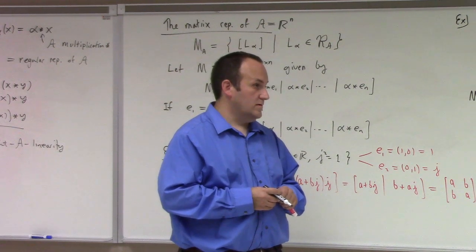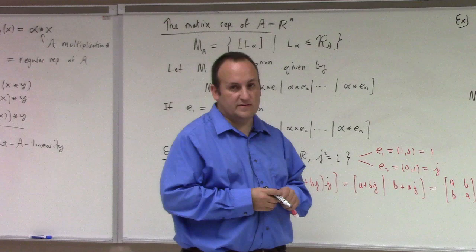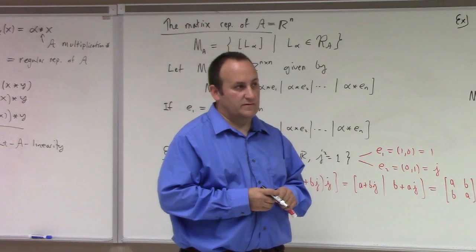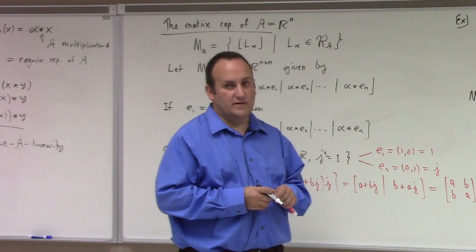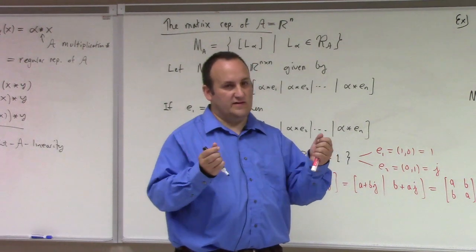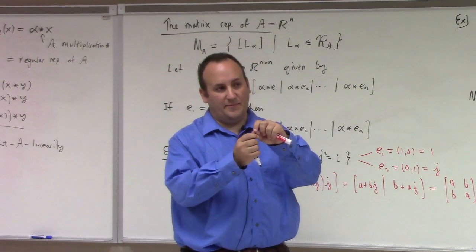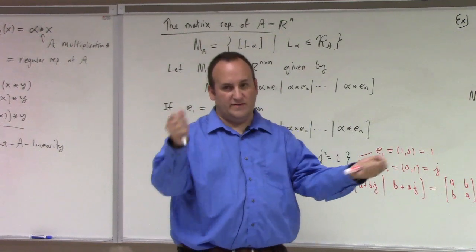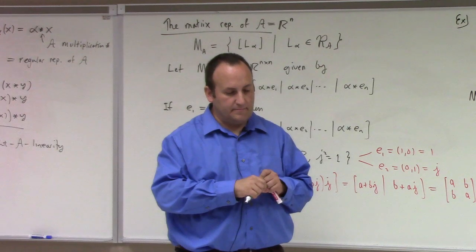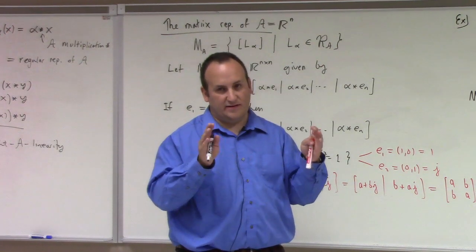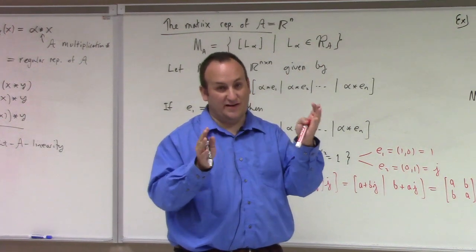No. The conjugation for fields that Samuel's talking about is something more like complex conjugation. Complex conjugation gives you a one-to-one mapping from the complex numbers to itself, and it's also an isomorphism in the sense that the complex conjugate of the product is the product of complex conjugates.